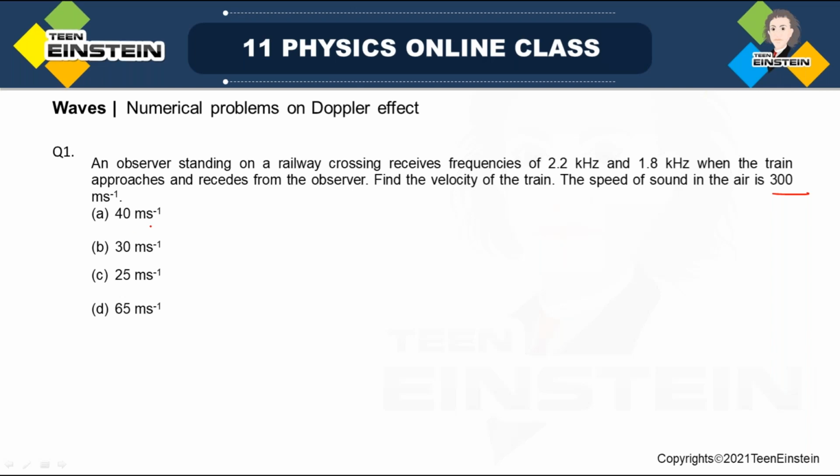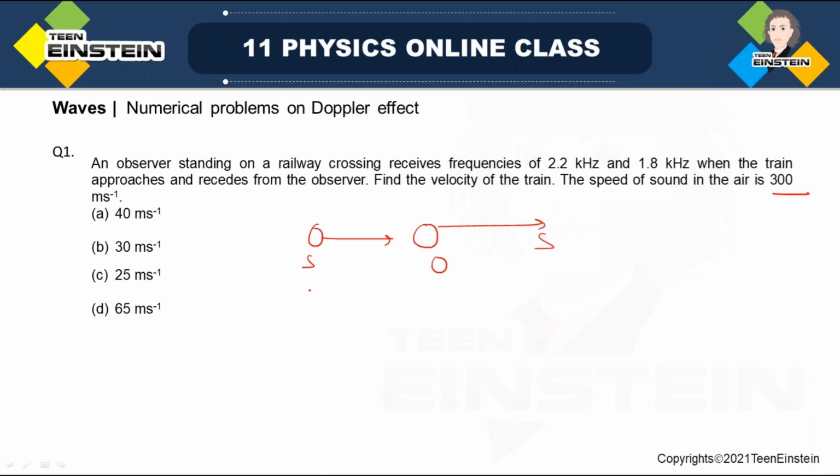So what is the situation? The train is coming towards the stationary observer and going away from the observer.